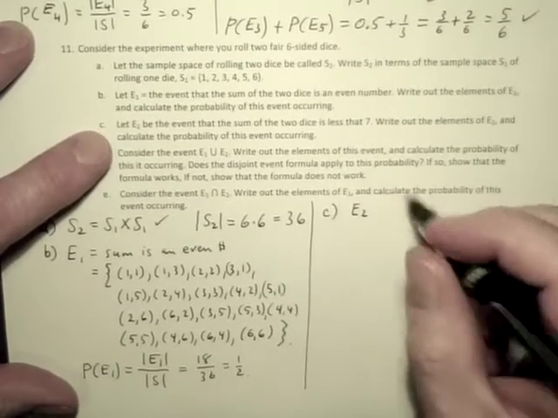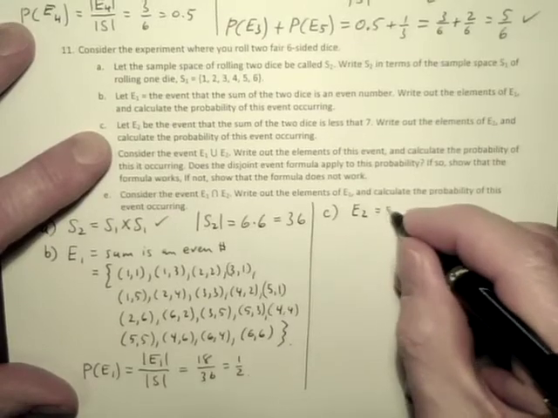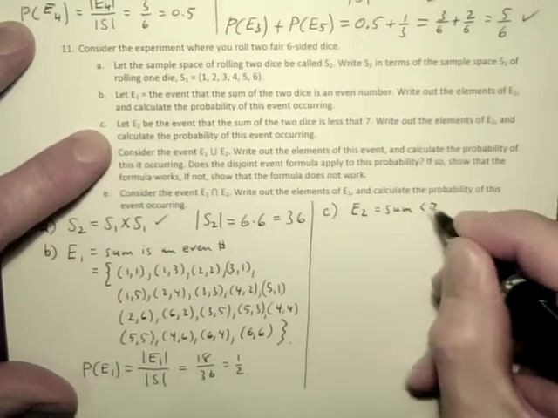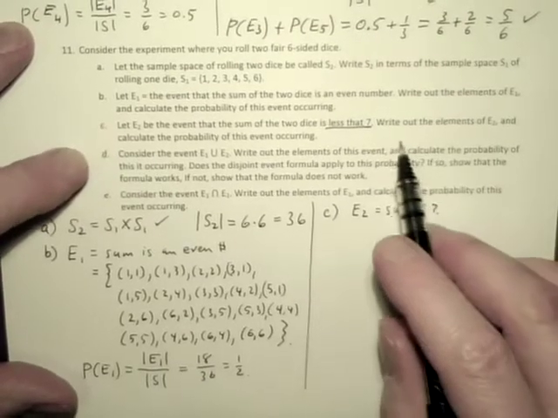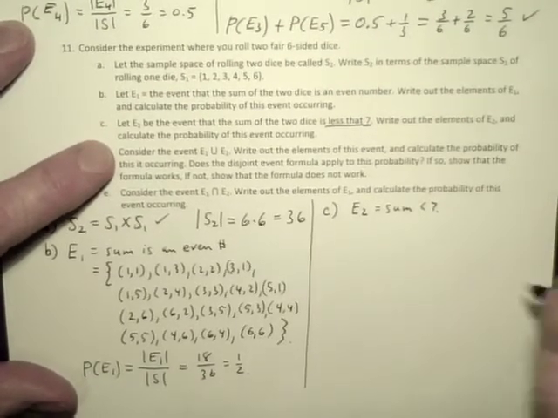that I get the sum less than 7. Less than 7. Less than, not less than or equal to 7. Write out the elements of E2 and calculate the probability.